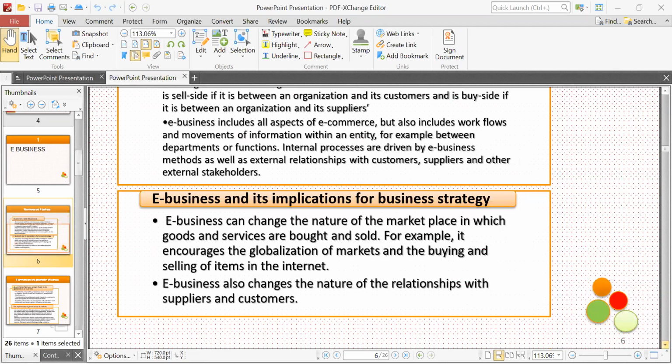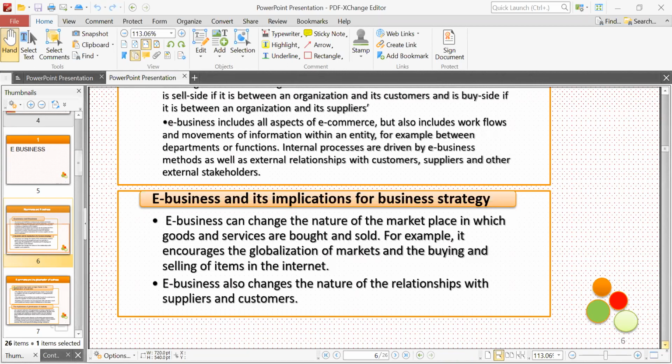So e-business has changed the nature of the marketplace and made it a lot more globalized, right? It has extended the market. In the past, when there was no internet and nothing like e-business, if you were selling in Accra, your market was restricted to Accra.